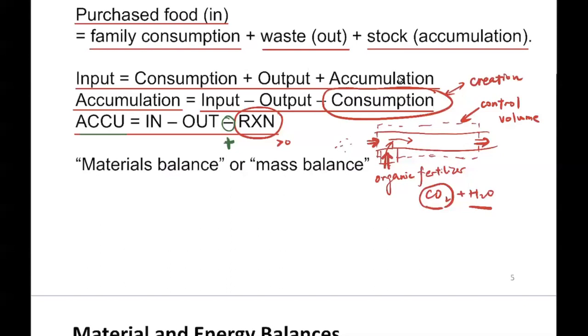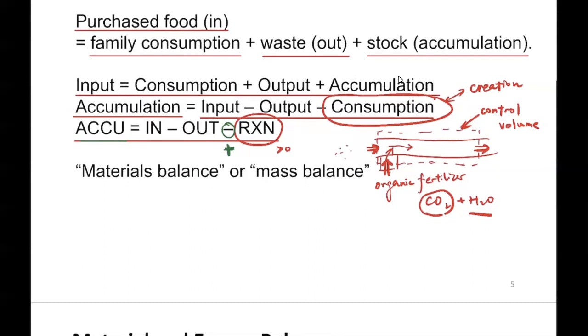If something is being consumed, for example organics being oxidized, or some salt settling down to the base, or oxygen being consumed, then the sign in front of the reaction should be negative because it's being reduced. But if there's a creation or production of these chemicals, then the sign should be positive.